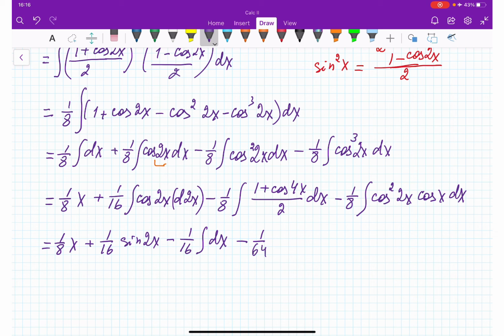1/64. Where from 64? It's 16 times 4, and that's because of this 4, right? Because we will need to squeeze here 4. That's why we divide by 4, which means 16 times 4. Yes? What do we have? 1/64 integral cosine 4x d 4x.